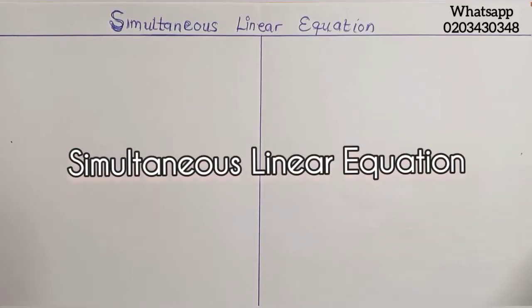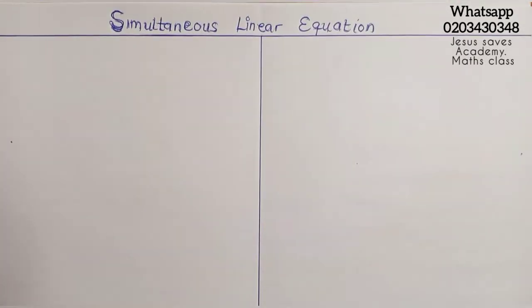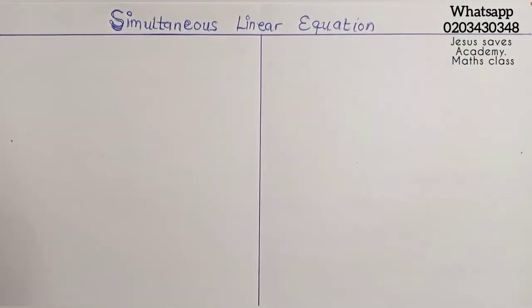Welcome to math class. Today we are going to learn simultaneous linear equations, or simply simultaneous equations. We have different methods of solving simultaneous linear equations. First we have the graph method, then the algebraic method, and under the algebraic method we have substitution and elimination.